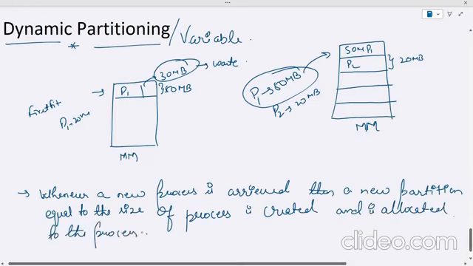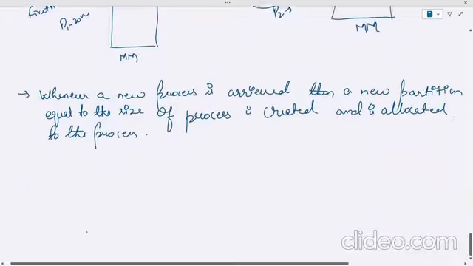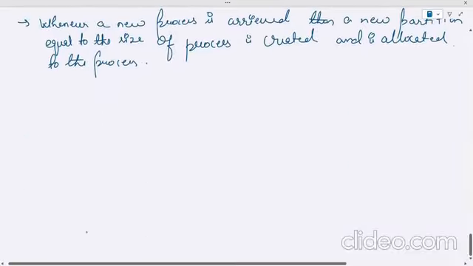Okay, this is what happens in a dynamic partition.